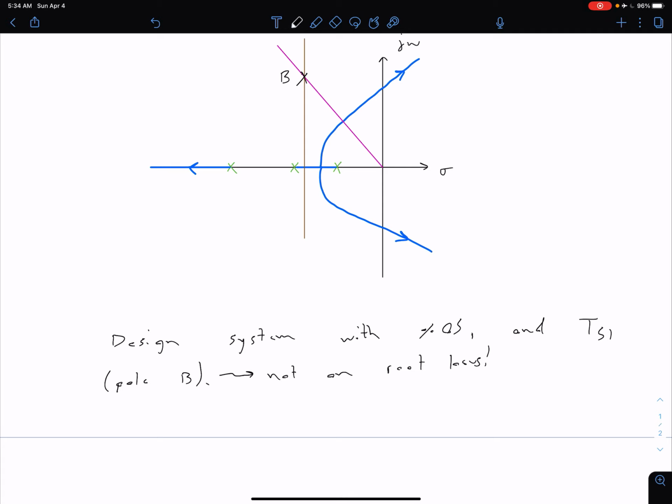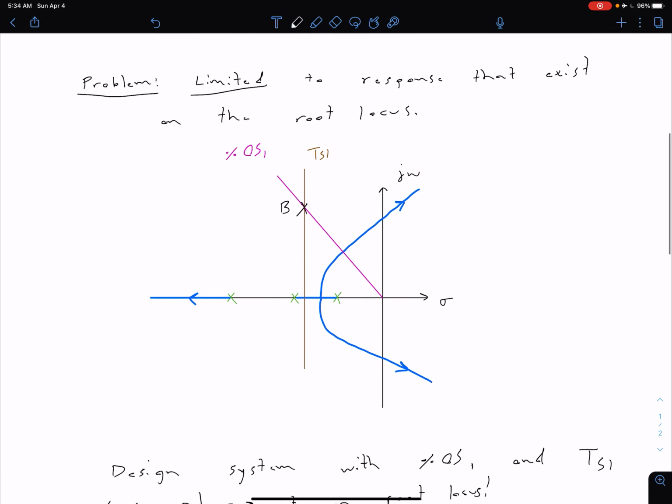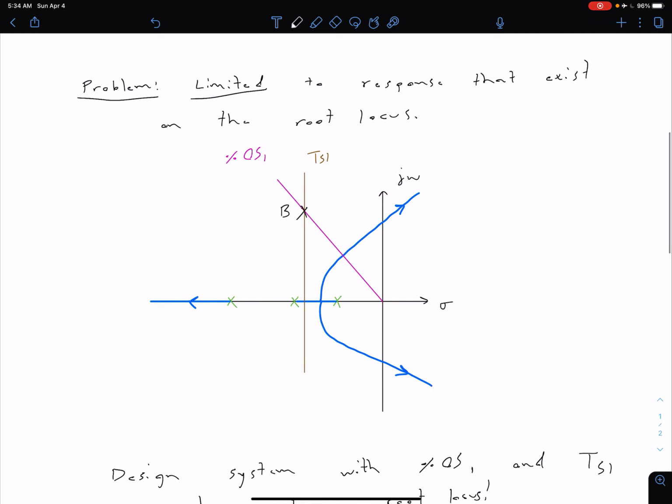Of course, that's a problem if we want to realize that. If we were just doing our gain adjustment, we could do a couple of things. We could choose one of the two, like with our example last time. Maybe we say, all right, let's just choose this point A, or this pole at position A, and that's going to give us the percent overshoot that we desired, but now we're going to have a different settling time line, which is going to be something like this.